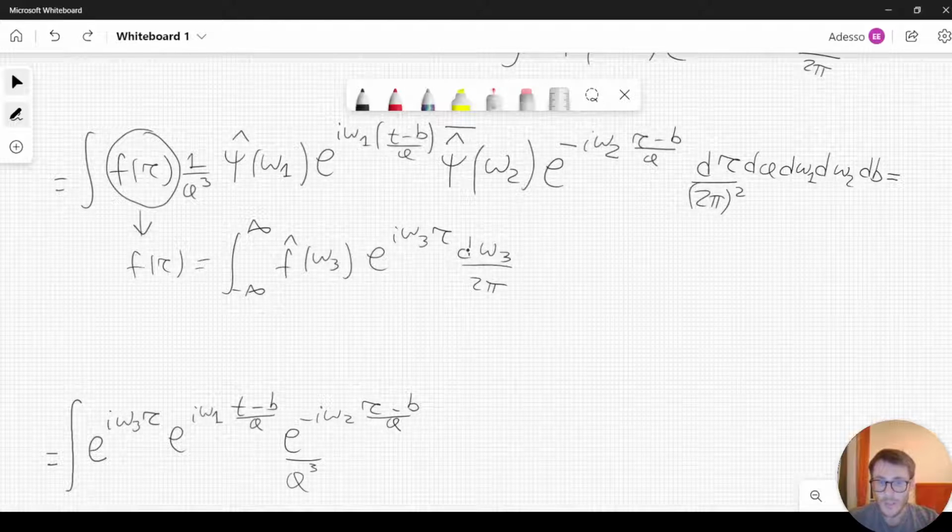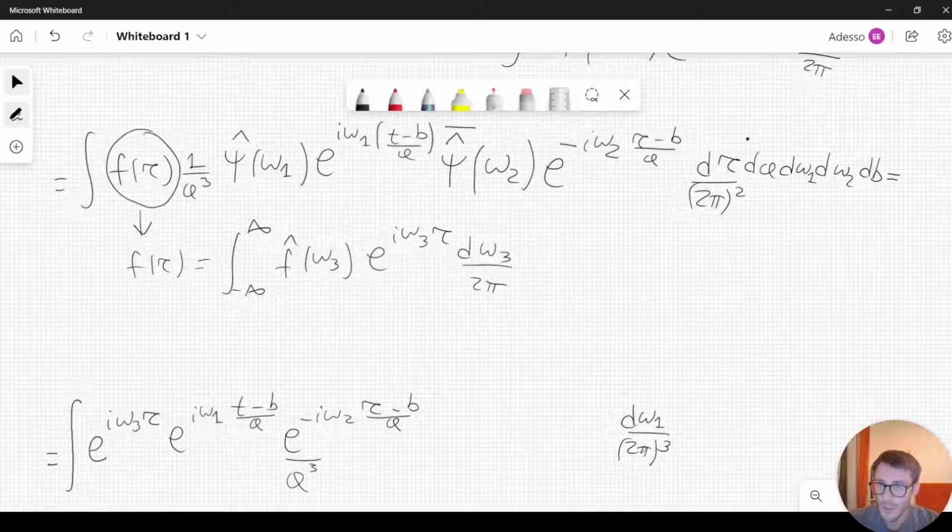And then what else do I have? I have a factor of 2 pi cubed. In this case it's 2 pi squared, but remember that we have another factor of 2 pi here, so I have to put 2 pi cubed. So here I have d omega 1 over 2 pi cubed.